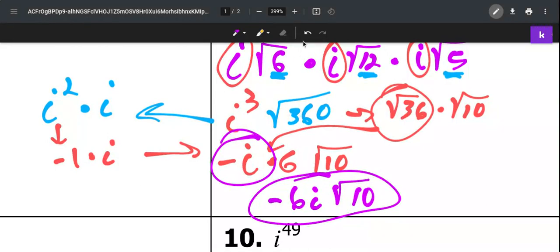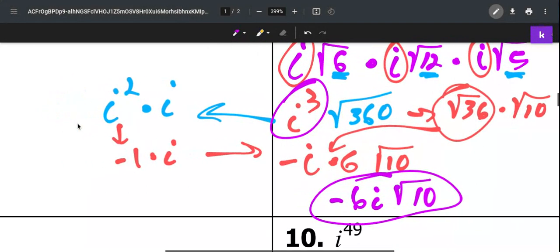All right. Also, we're going to look at this next, but you're going to really have to practice this: i to the third power and i to the different powers. It's always good to try to break it down into terms of i squared. That way you can replace that with negative 1.